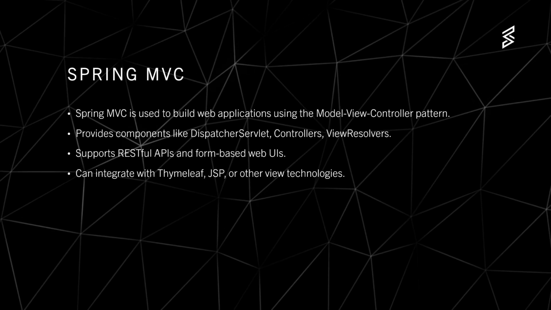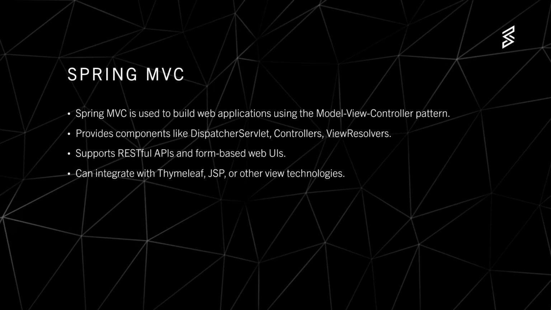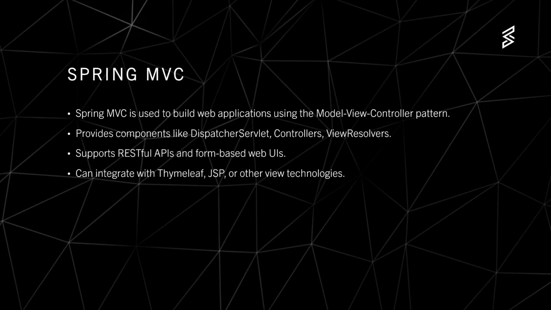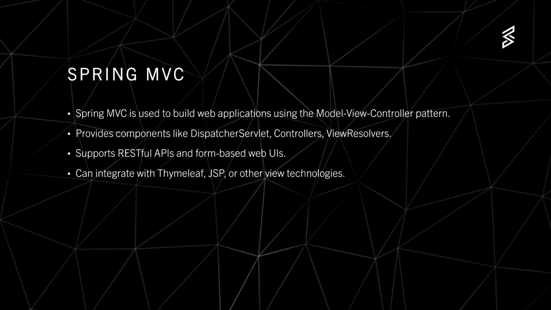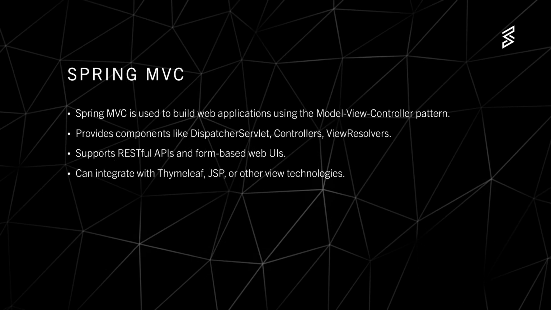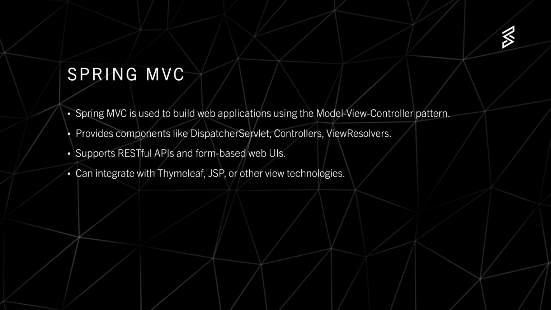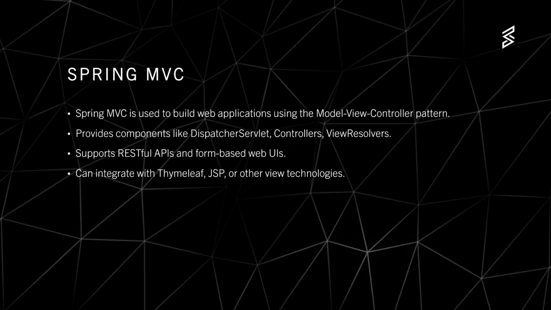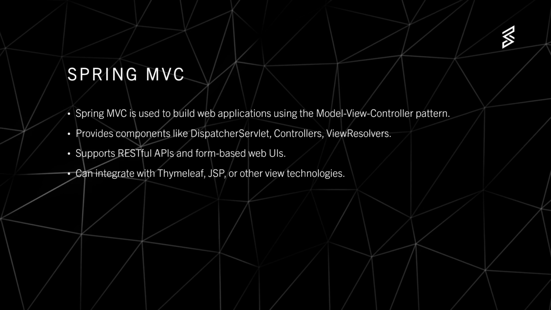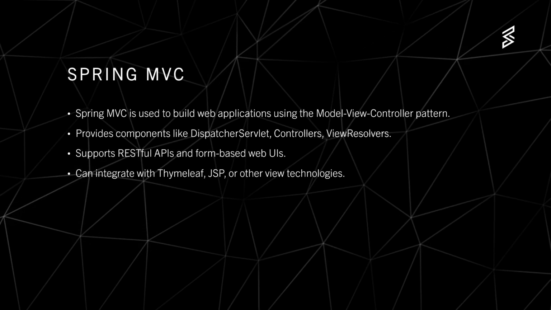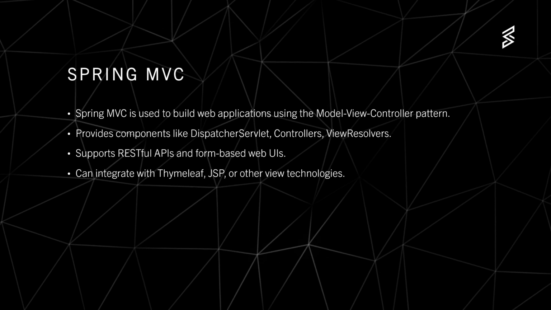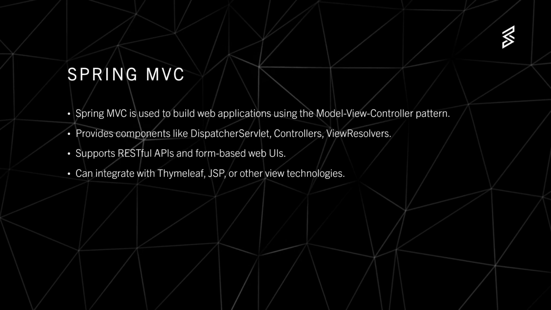Spring MVC includes components like the dispatcher servlet, which routes requests to the right controller, and view resolvers to render views like HTML or JSP. It also supports building REST APIs using annotations like @RestController, @GetMapping, and @PostMapping. It's highly customizable and integrates easily with front-end technologies like Angular, React, or even plain HTML.